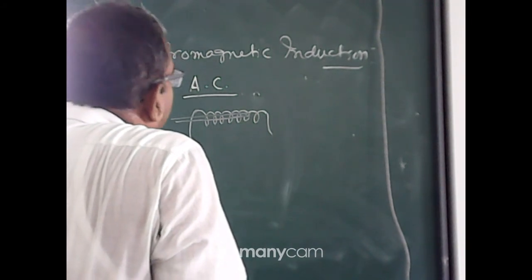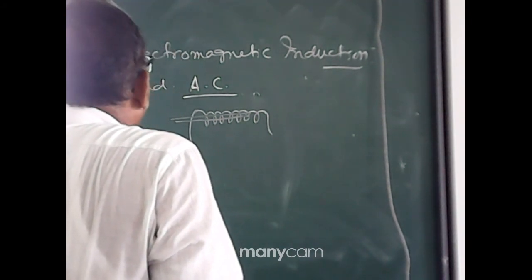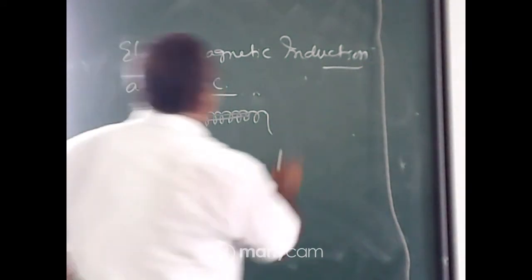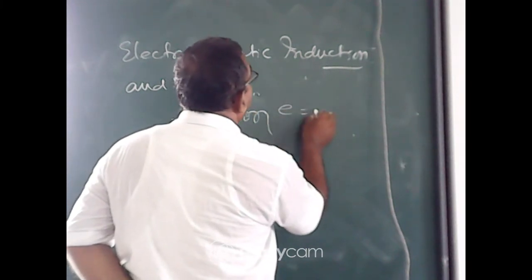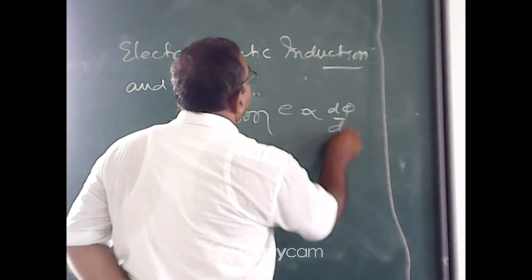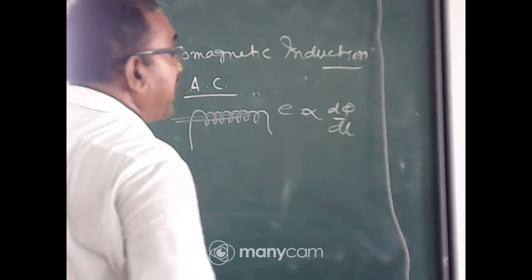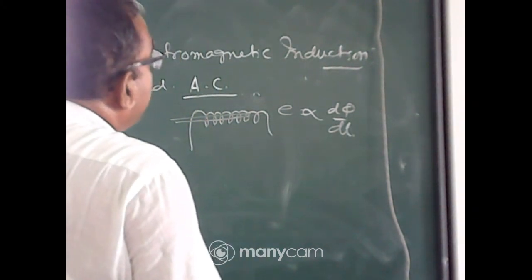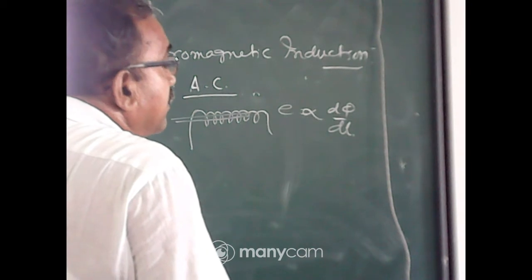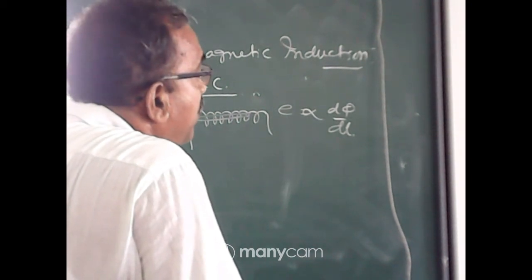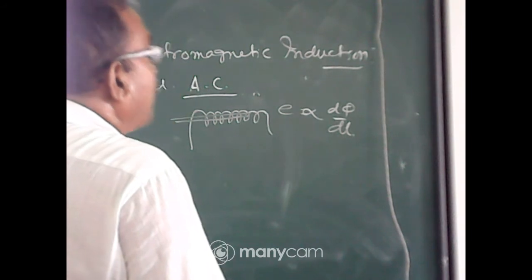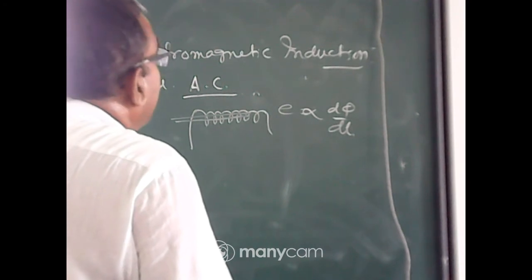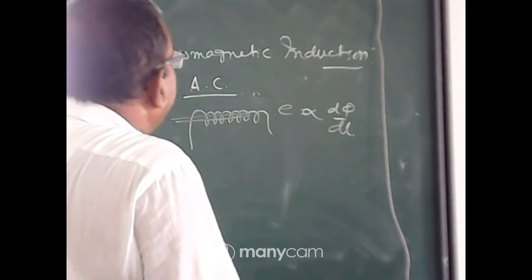The induced current and the induced EMF: the induced EMF is directly proportional to the rate of change of magnetic flux. Very good, flux. So this formula has the correction by Lenz, you know it.